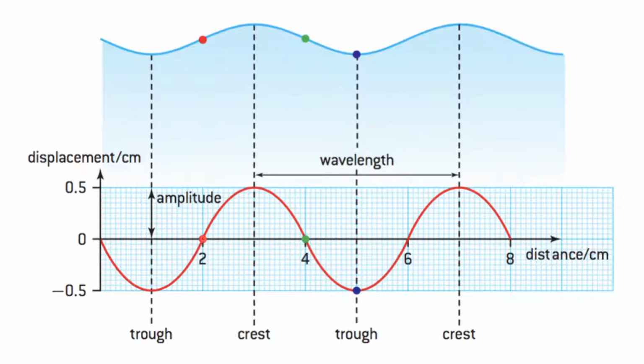But this is a snapshot. And I can see that the red marker is here, and the green marker is here, and the blue marker is here. So along the distance, physical distance of the wave, I can see where some different particles are. That's what this graph is showing me. Right, so of course I can get the wavelength here from crest to crest.